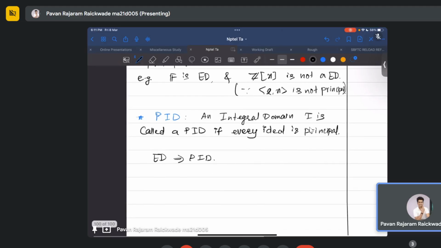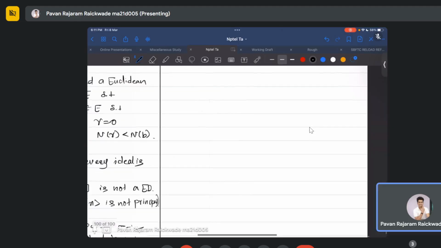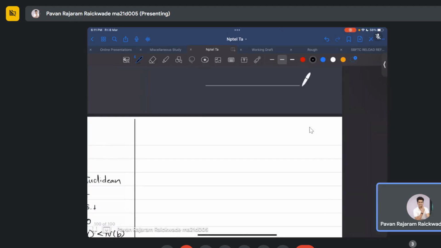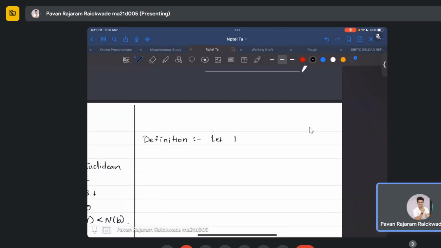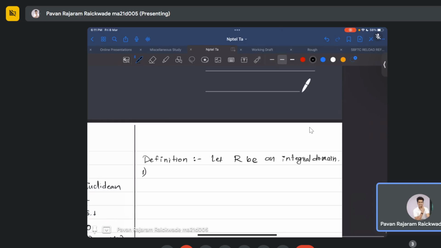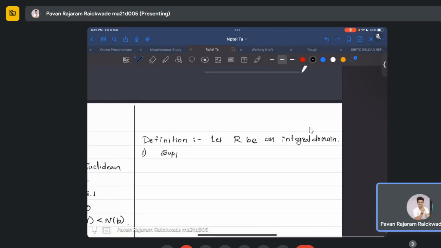So now I'll introduce some definitions. Let R be an integral domain. I'll define first what a prime element is.